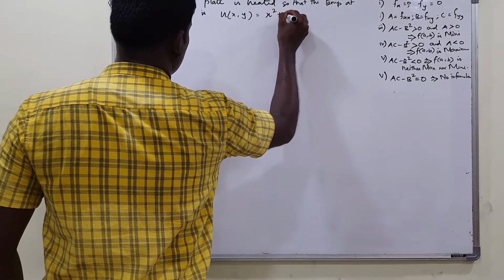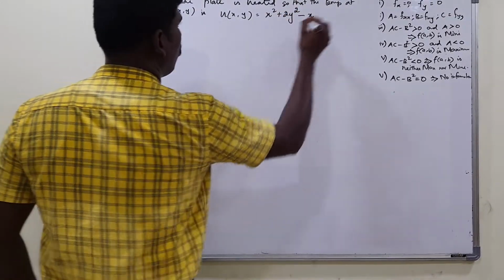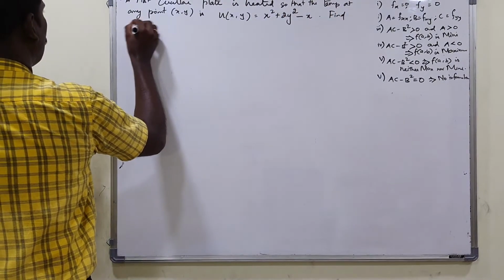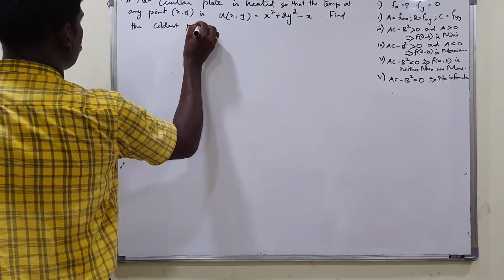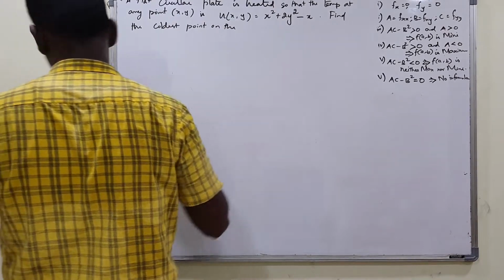X square plus 2 y square minus x. Find the coldest point on the plate.